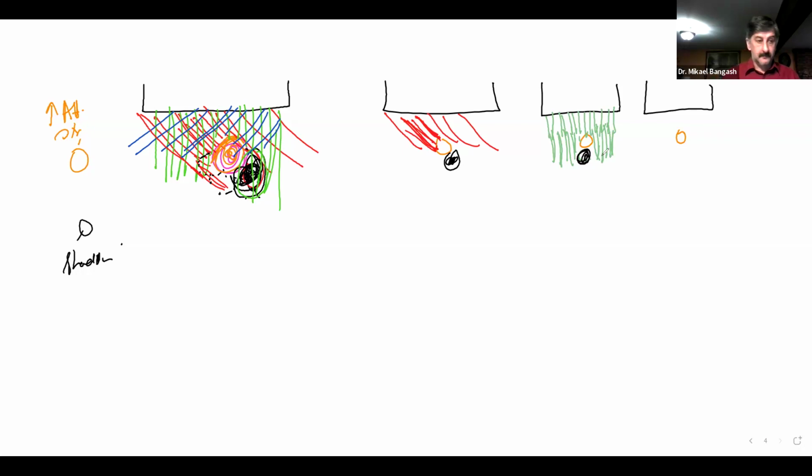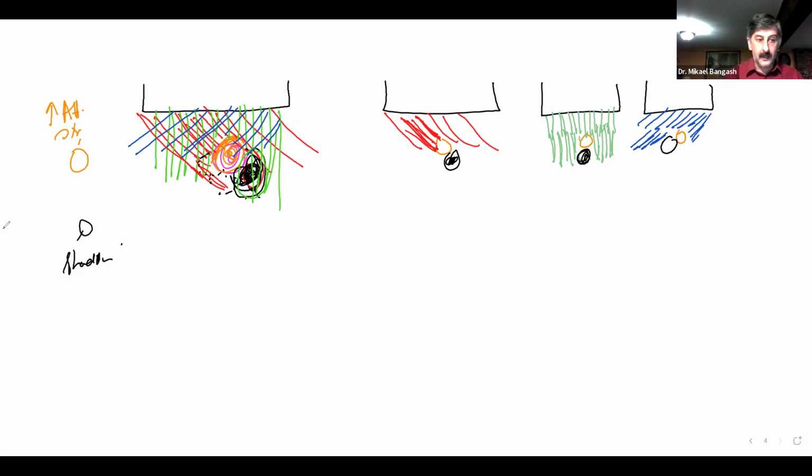Did that make sense? Whereas for the blues, we would have had a shadow in this area.